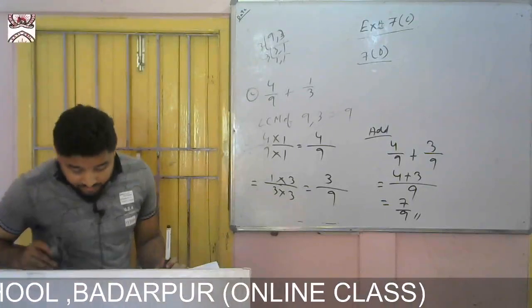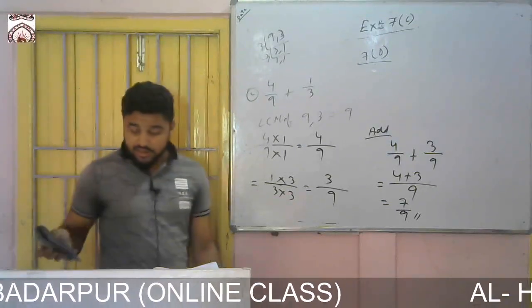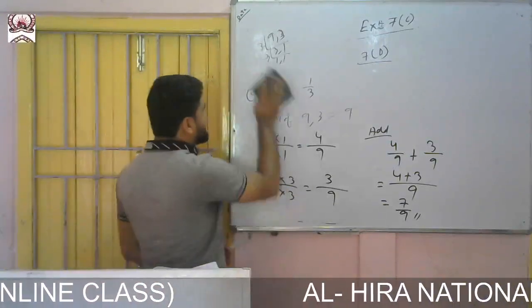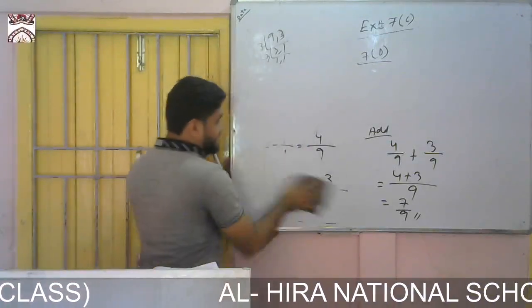Now let me show the last question, that is E: 7 by 6 plus 14 by 9.